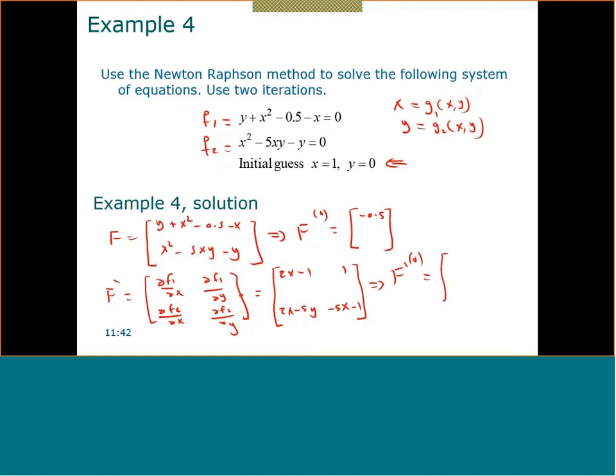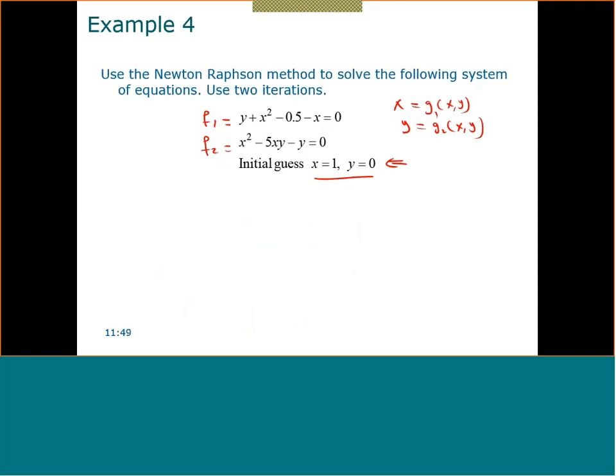Now, if I substitute the values of x and y, this becomes equal to 1, 1, 2, and minus 6. Just substitute x and y with these values. I am set now. I found f of 0. I found f prime of 0. Then I can find the error.